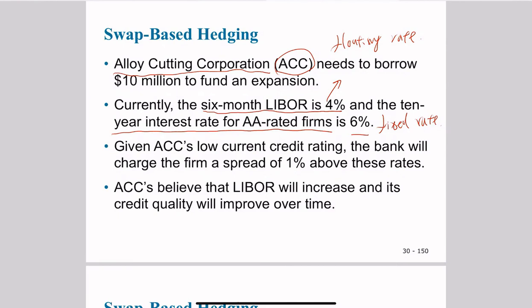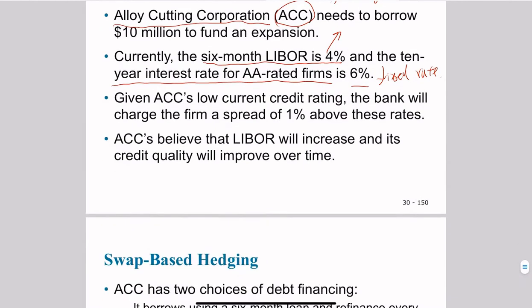Given ACC's low current credit rating, the bank will charge the firm a spread of 1% above these rates. So this basically means if LIBOR rate is 4% and if the fixed rate is 6%, ACC will have to pay an additional 1% credit spread.